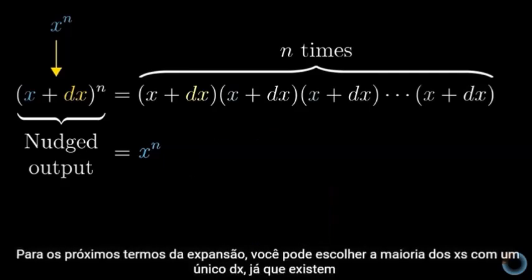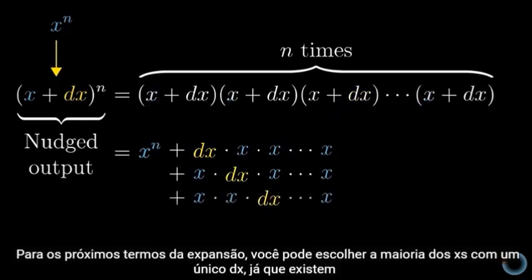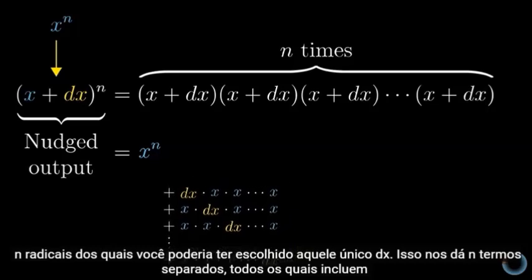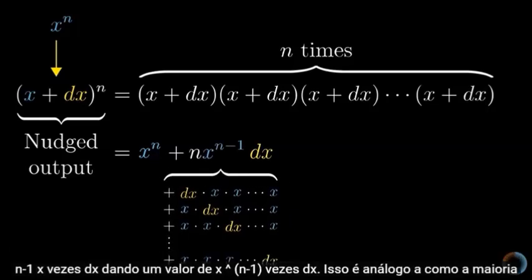For the next terms in the expansion, you can choose mostly x's with a single dx. Since there are n different parentheticals from which you could have chosen that single dx, this gives us n separate terms, all of which include n minus 1 x's times a dx, giving a value of x to the power n minus 1 times dx.